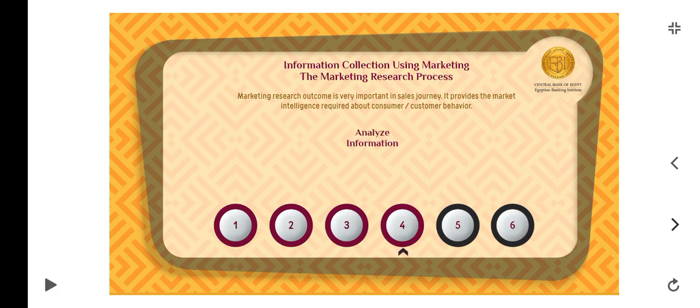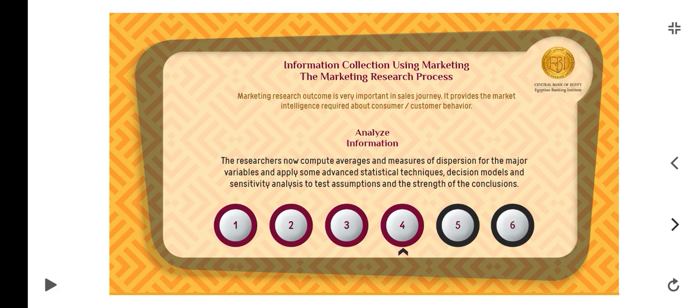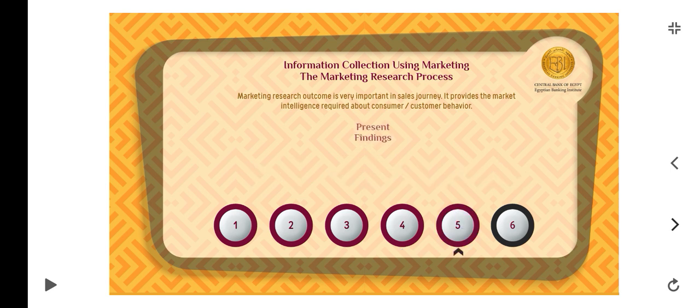Step 4. Analyze information. The researchers now compute averages and measures of dispersion for the major variables and apply some advanced statistical techniques, decision models, and sensitivity analysis to test assumptions and the strength of the conclusions. Step 5. Present findings.